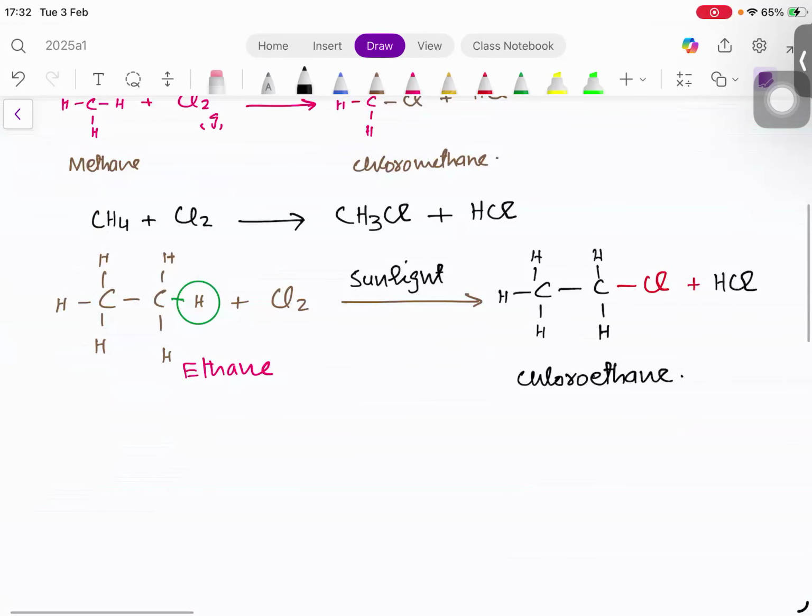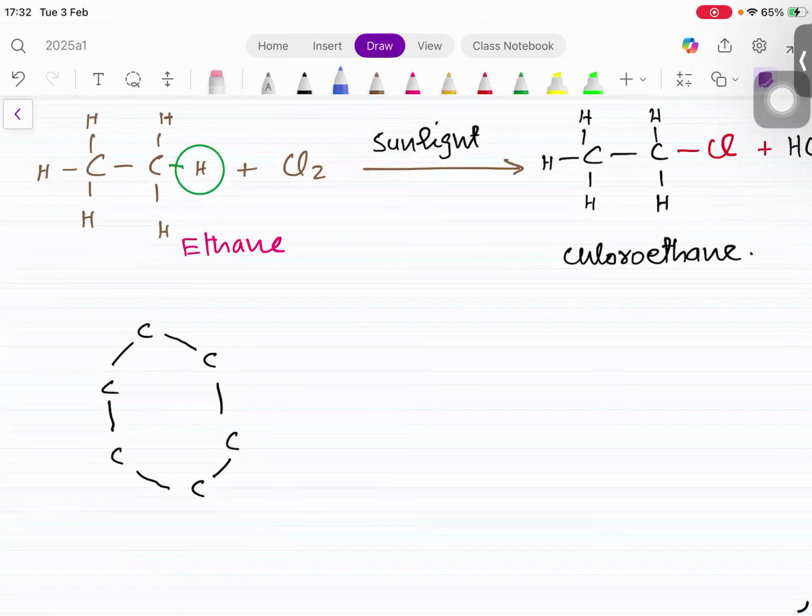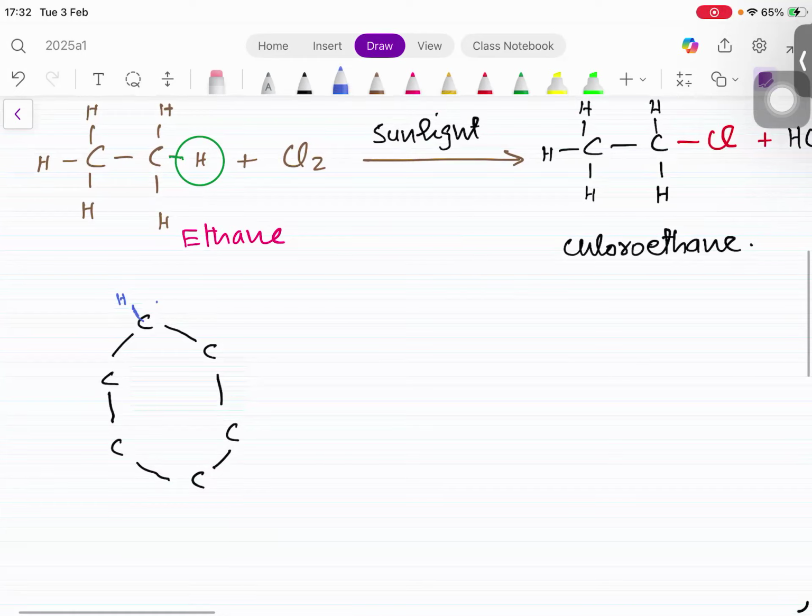Even if I give you this compound, here it is a compound, bachcho, and here are the hydrogens attached, two hydrogens with every carbon. And it makes in total C6H12.